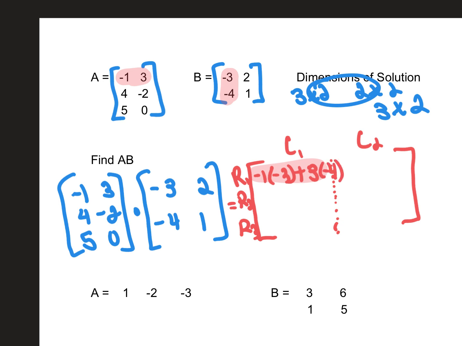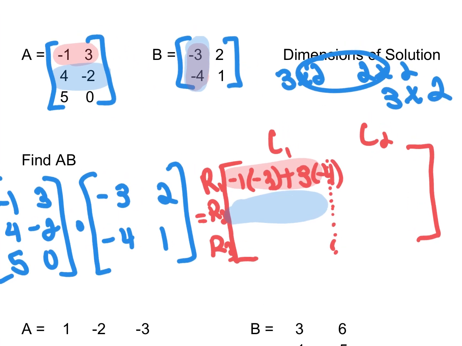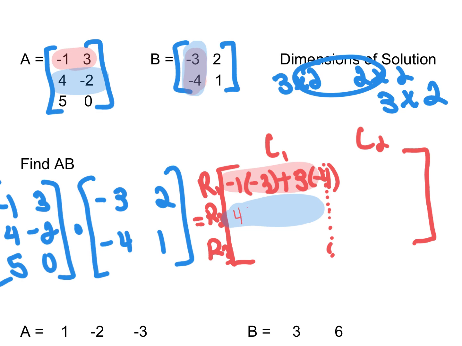Okay, that's going to be for that column. And then we're going to kind of do the same thing. I'm going to work my way through here. Now I'm going to take row 2 times column 1, and that's going to go here. So I'm going to have 4 times -3 plus -2 times -4.